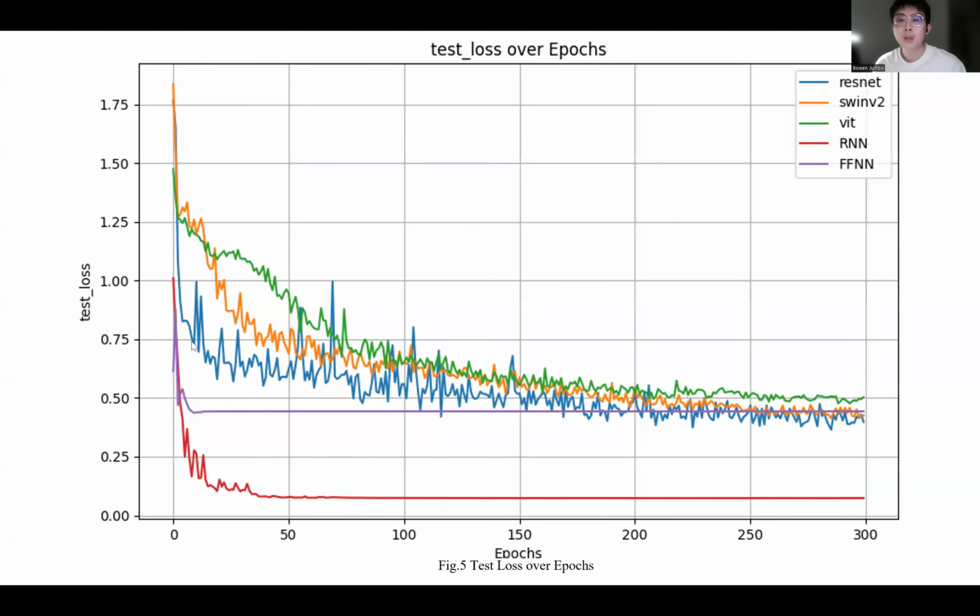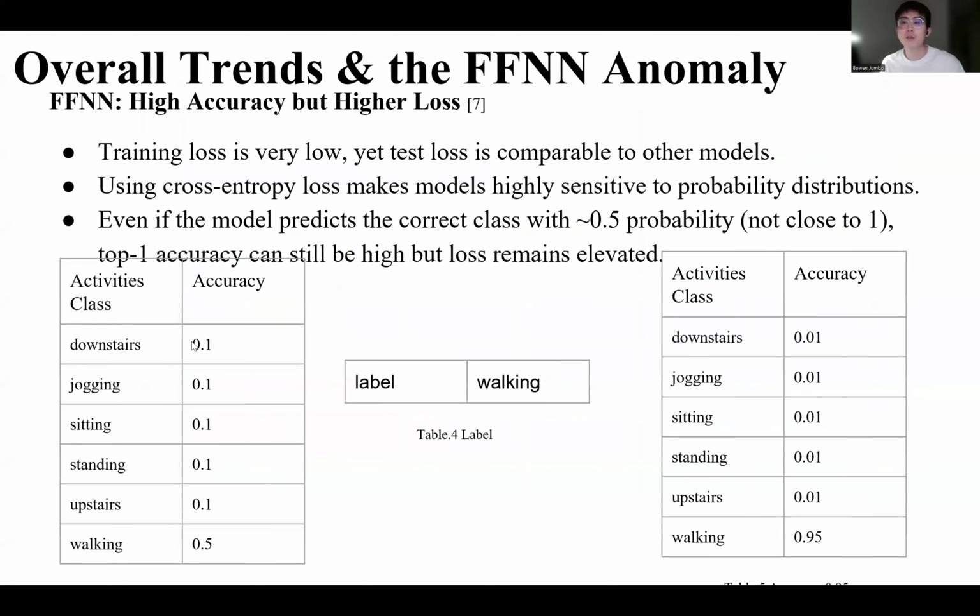Okay. However, when we look at the third slide, we notice that the test loss is not significantly better than the other algorithms. This is because we use cross-entropy loss. Now, let's look at the table on the left. We can see that the predicted probability of walking is 50%. Compared to other classes, this is the highest probability, which also means that the prediction is correct.